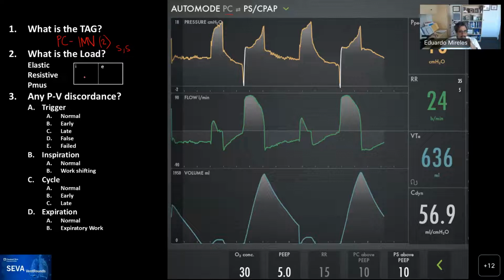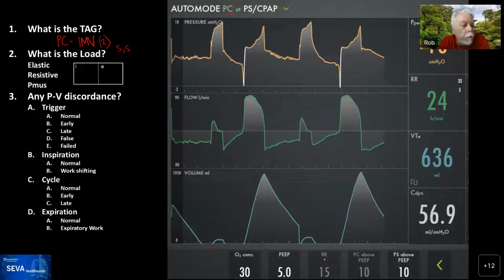But I would suppose that the mandatory rate is probably the number of breaths that you see, and the patient's rate is half the set rate. So that's why they're not suppressing the mandatory breaths. That would be my guess. So you basically get a mandatory breath and a spontaneous breath, mandatory breath, spontaneous breath. It looks like some sort of neurogenic breathing pattern or something. I don't know. That's something to think about.